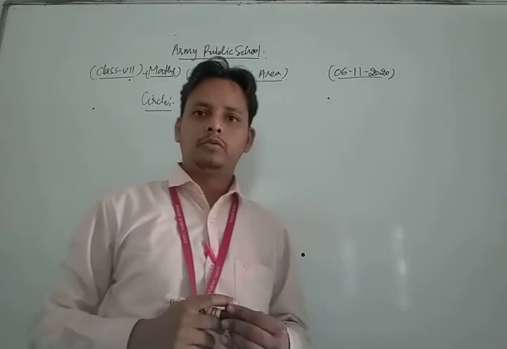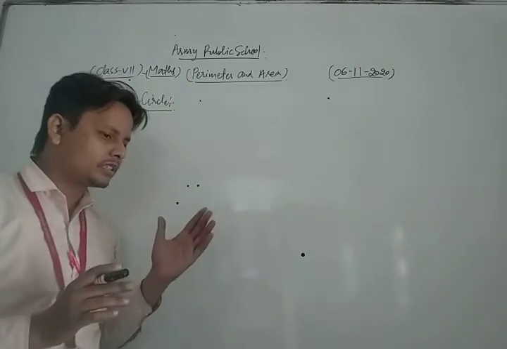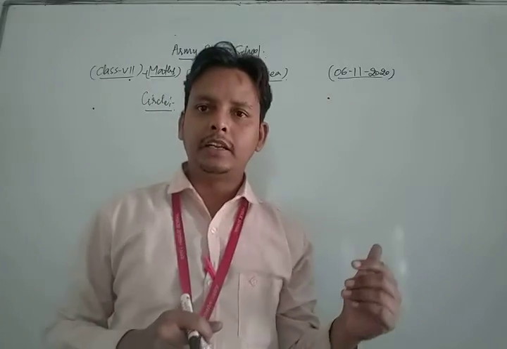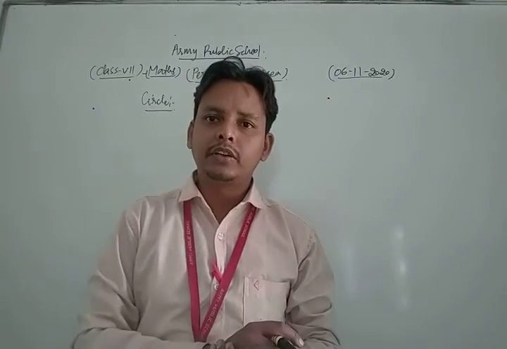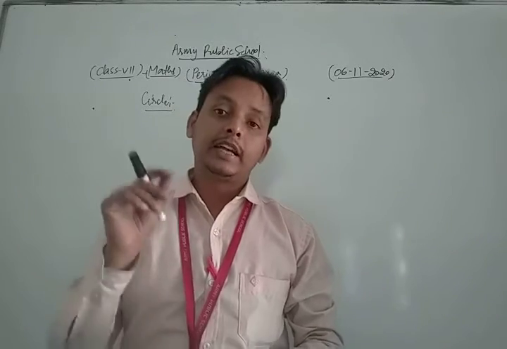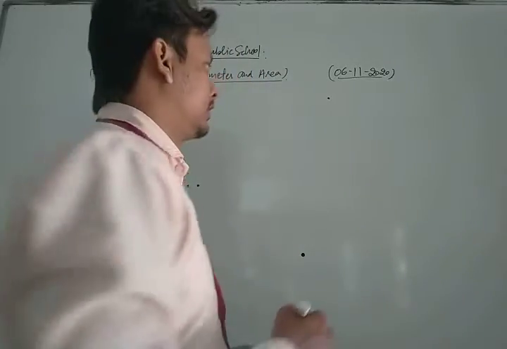Dear friends, first we discuss what is the concept of circle. A circle is a locus of a point in a plane which moves in such a way that its distance from a given fixed point also remains constant. That fixed point is known as its center.